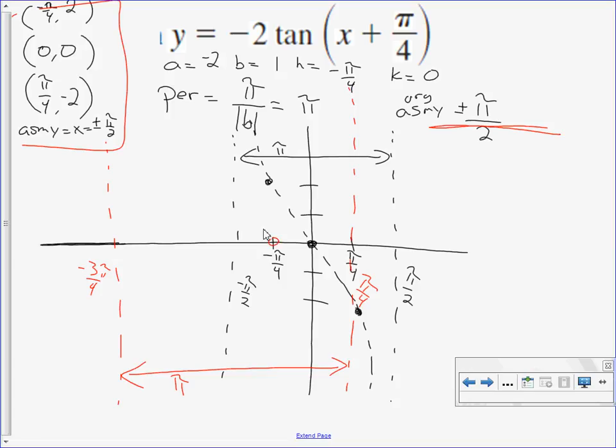So I knew that my first point will be here. If I'm at pi over 4, and I move it to the left pi over 4, I'm now at 0. And if I was here at pi over 4 and I go to the left pi over 4, I'm at negative pi over 2. So my scale just looks nasty, but it's been shifted.